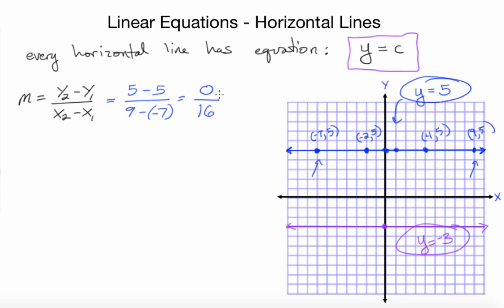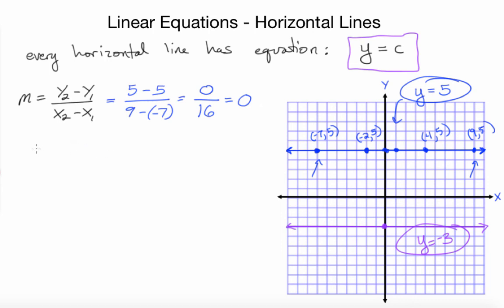What this is telling me is that I do have a change of 16 along my x values, so it's moving along my x values, but as that happens, there is no change in my y values. I'm not increasing, I'm not decreasing, I'm staying exactly the same. There's no change up or down. So we say this line has a slope of 0. There's no increase, there's no decrease, it's just a flat line.